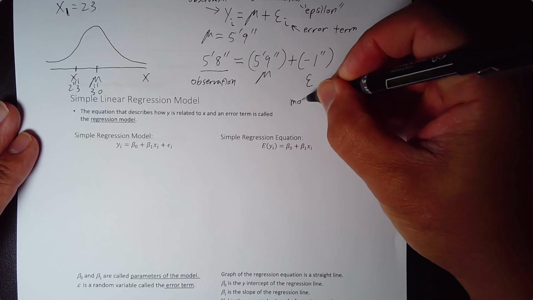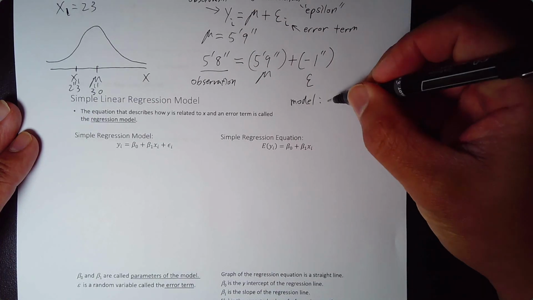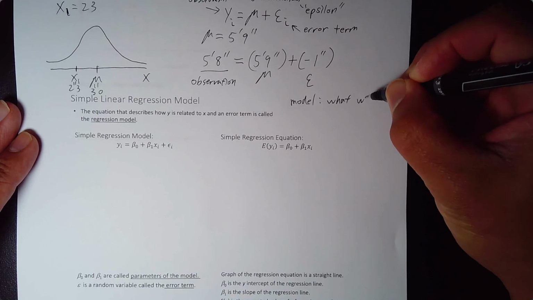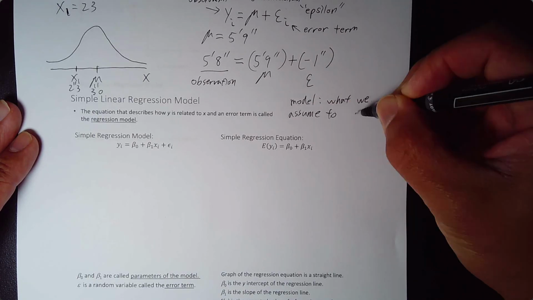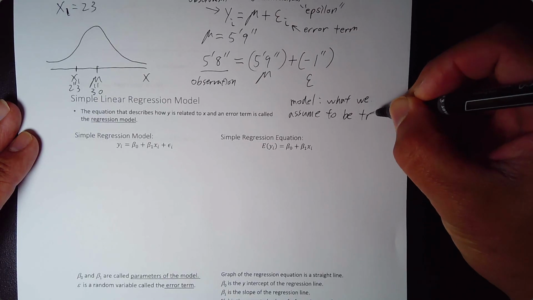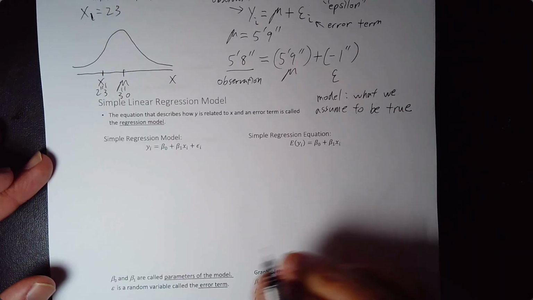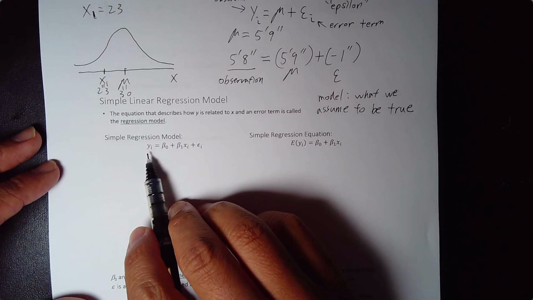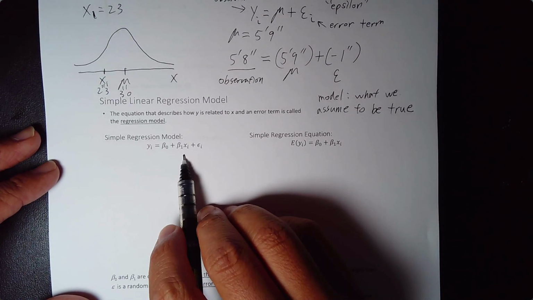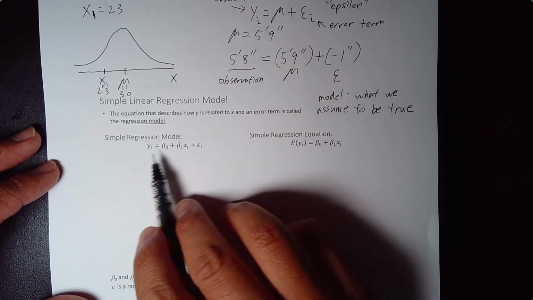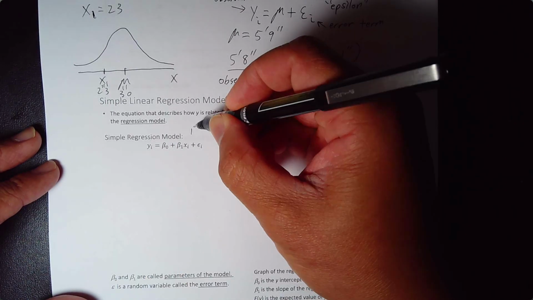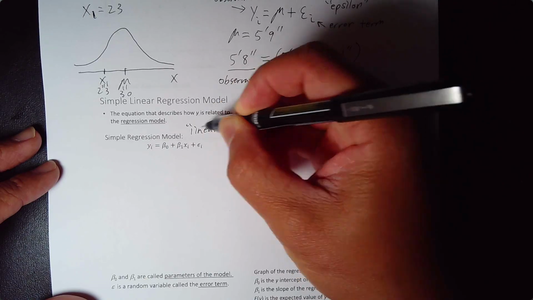A model is what we assume to be true. We assume that y and x have a relationship that can be expressed in this manner. This is a linear relationship. And so we assume this.